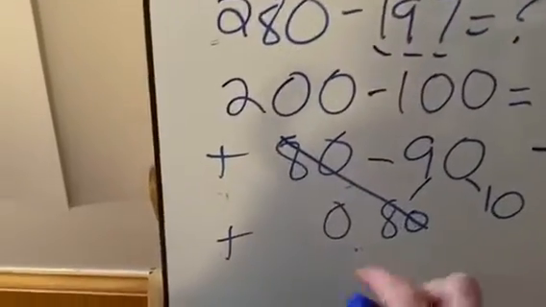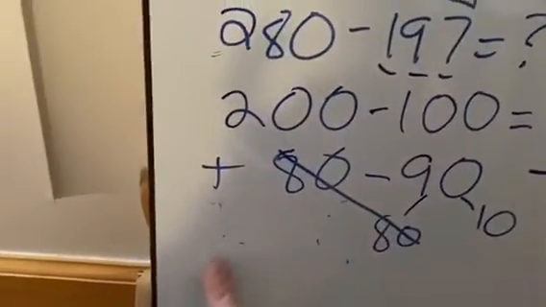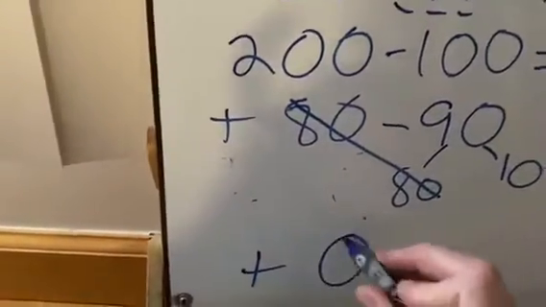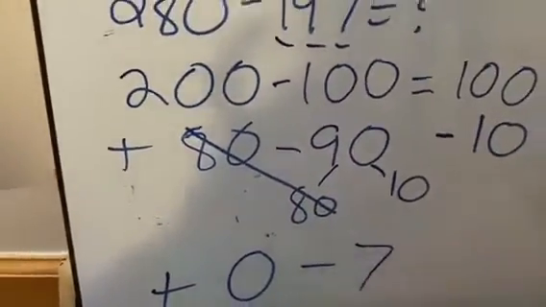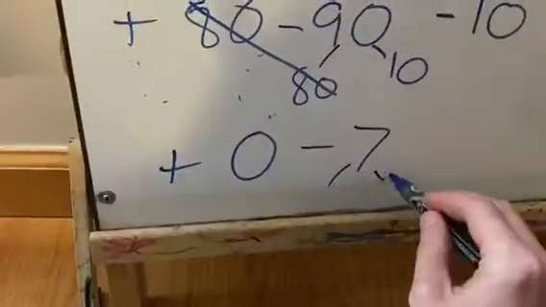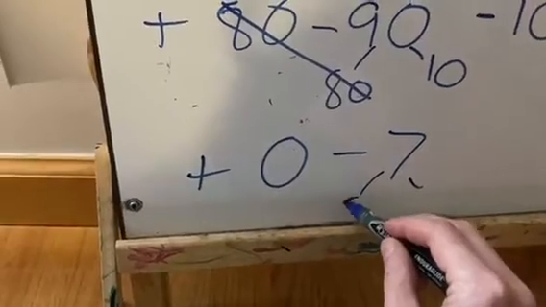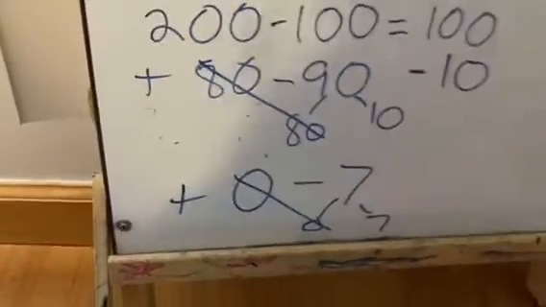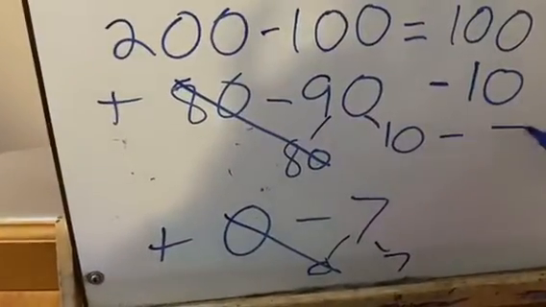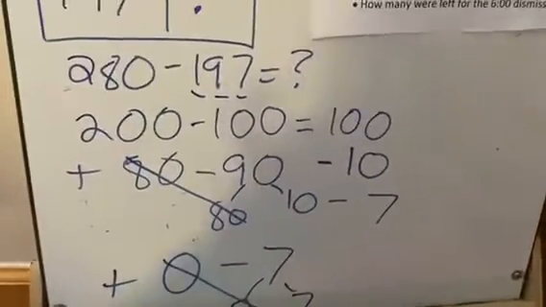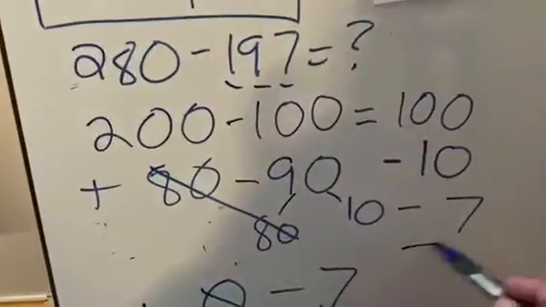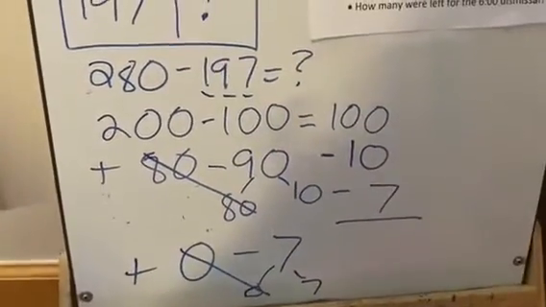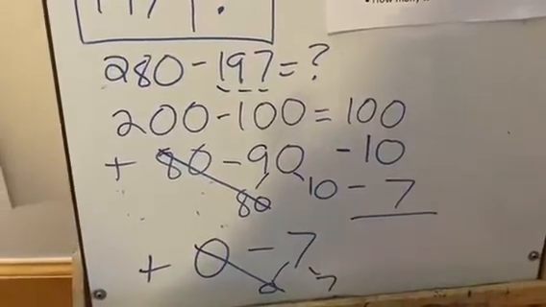Same thing, we have 0. I'll move this down a little bit so it's not as confusing. We have 0 students. We're subtracting away 7. That 7 can go into a number bond of 0, which doesn't help us very much. And then the 7, so we're again going to take away 7 from that largest group of 100. So now we have a problem, 100 minus 10 minus 7.